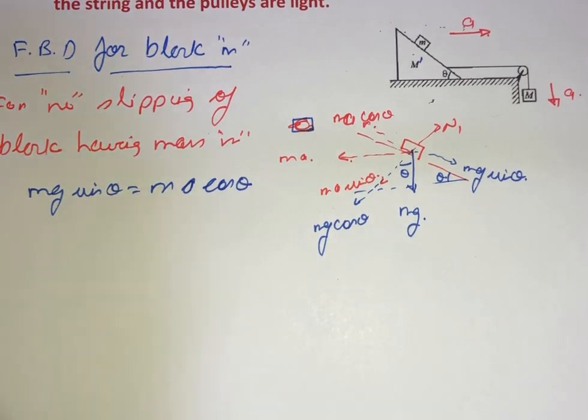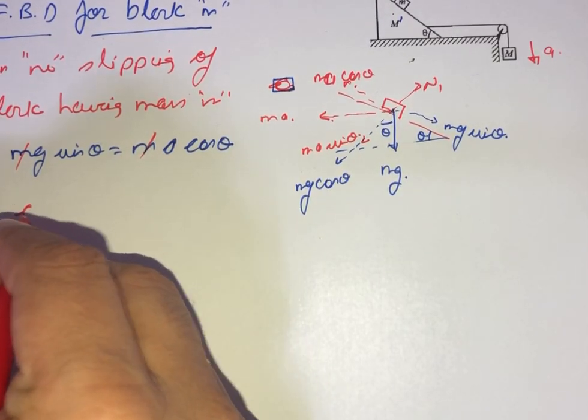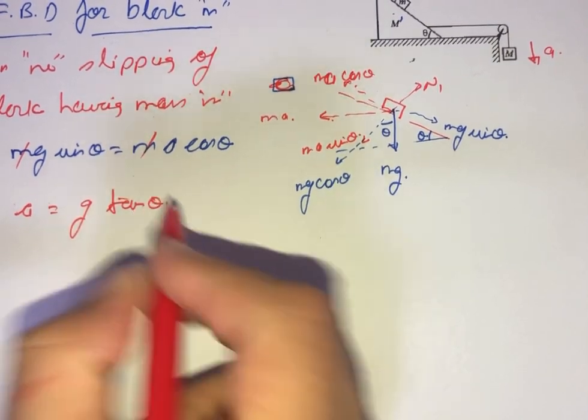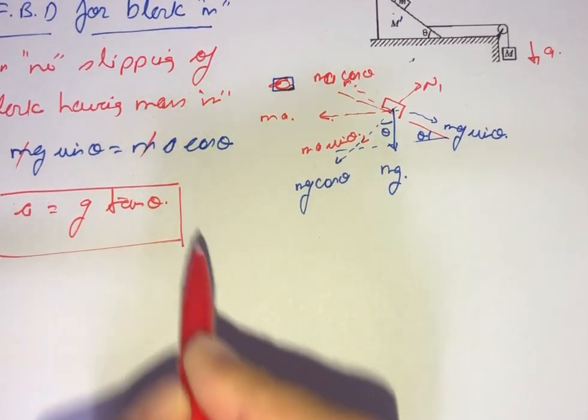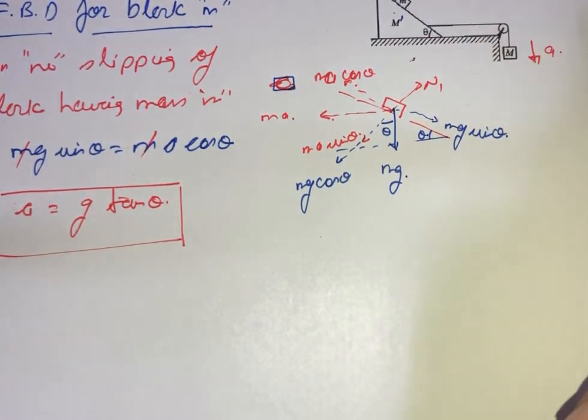So this mass cancels out. From here we can find that a is equal to g tangent of theta. So this is basically the constraint relationship between the m and M prime.